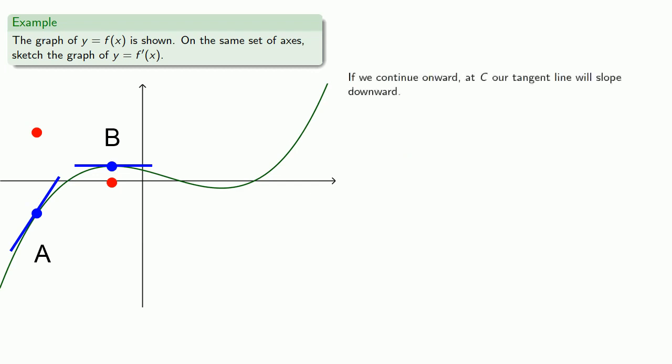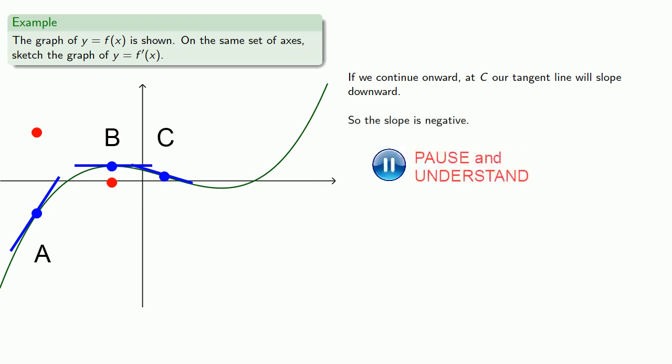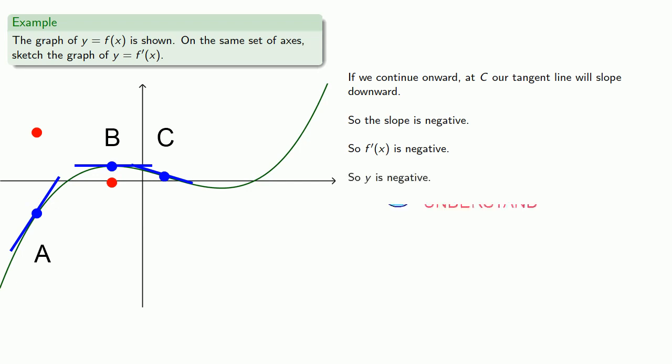If we continue onward, at C, our tangent line will slope downward, so the slope is negative. So f prime of x is negative, so y is negative, and so the corresponding point is below the x-axis.